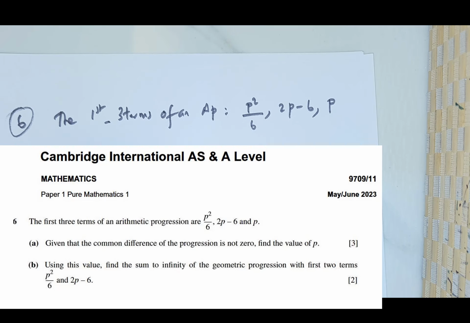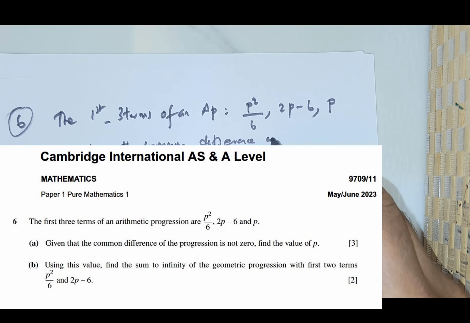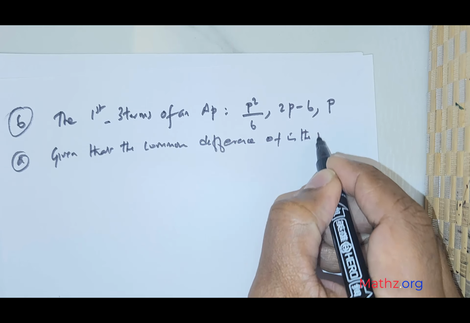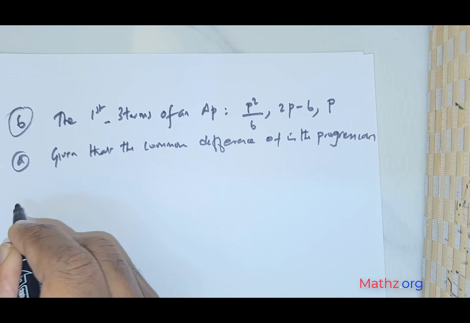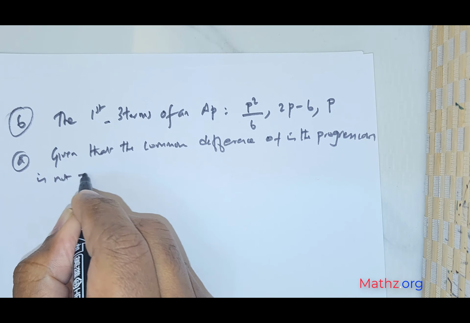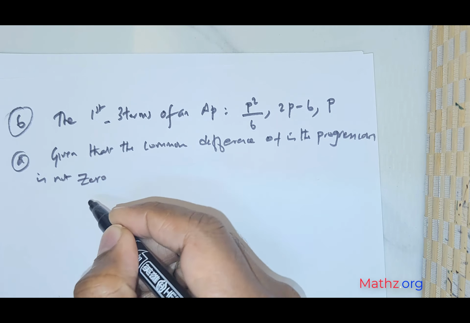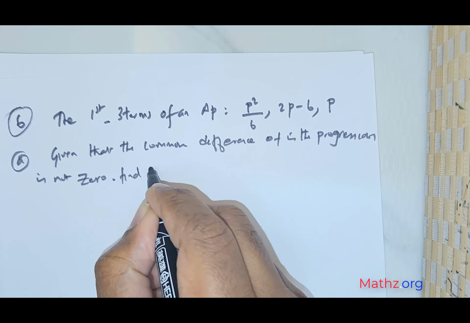Part A says that given that the common difference of the progression is not 0, find the value of p.